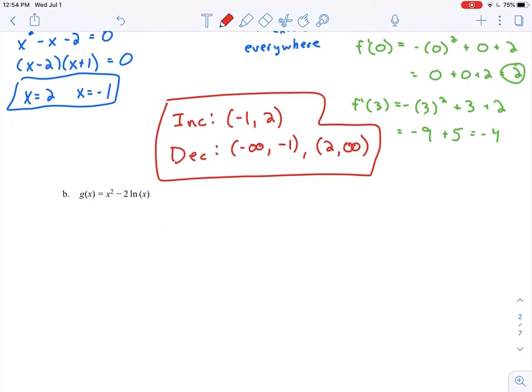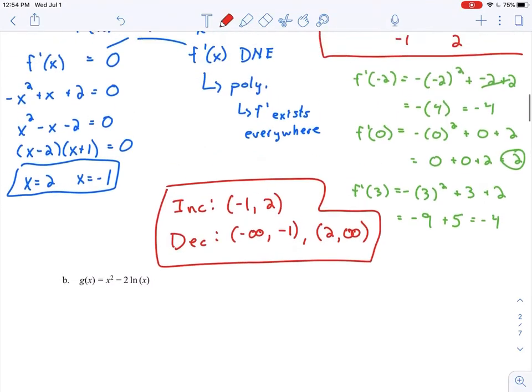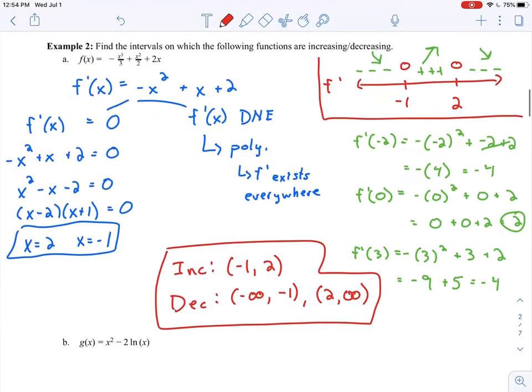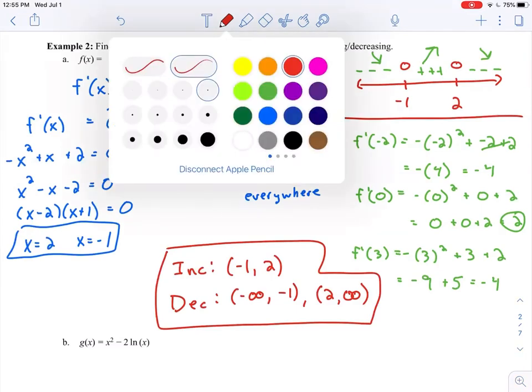This time I have x squared minus 2 natural log x. This function's a little bit different than the one that we just worked with, because there, with f of x, we were working with a polynomial. And polynomials have a domain of negative infinity to positive infinity. Domain is all real numbers.